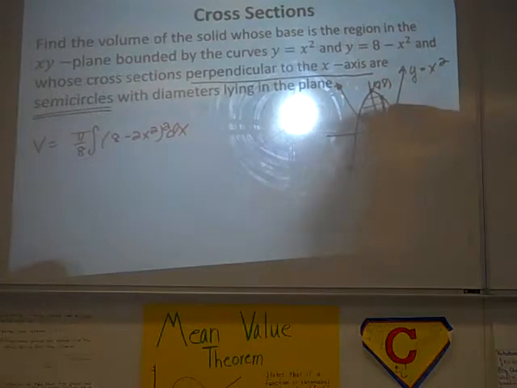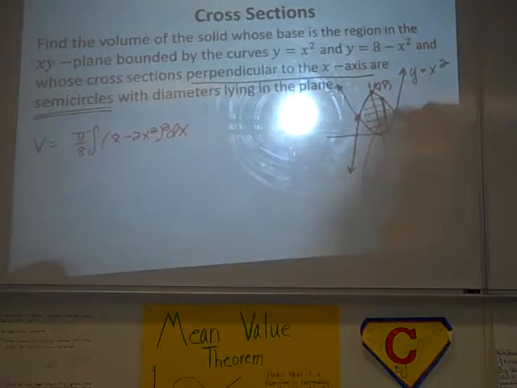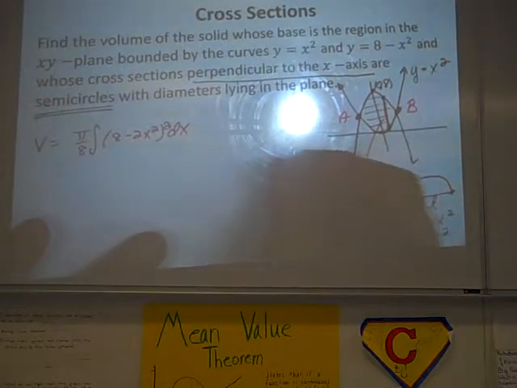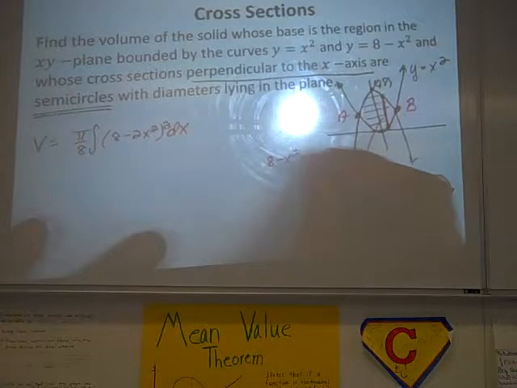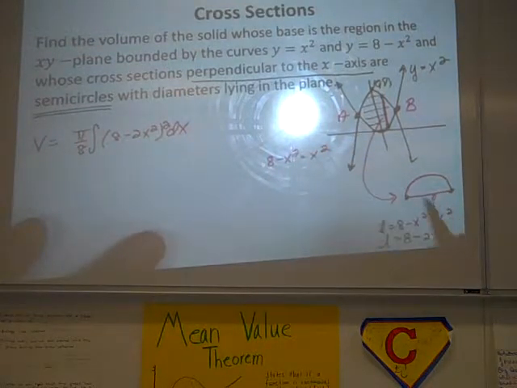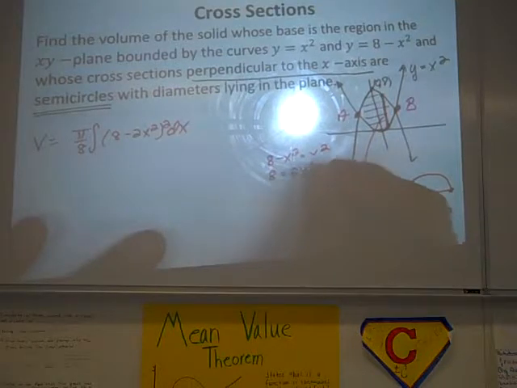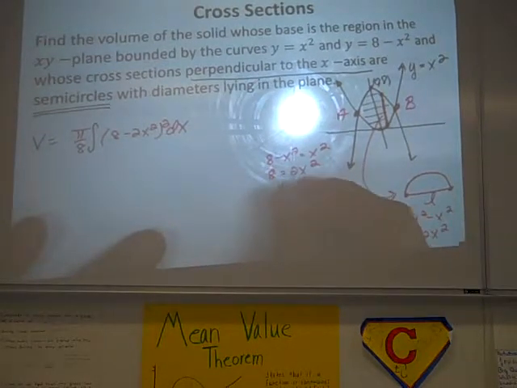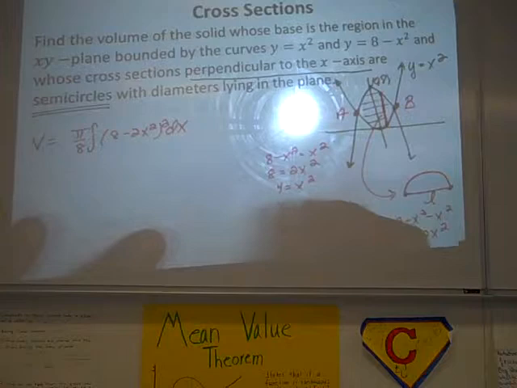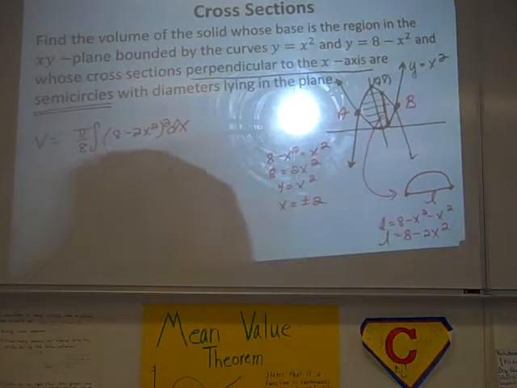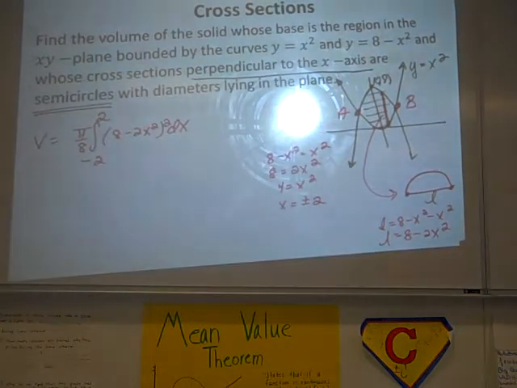We need to find the intersection points, so we set the two equations equal to each other. 8 minus x squared is equal to x squared. We can add x squared to both sides, divide by 2, and take a square root, and I get that x is equal to plus or minus 2. So I'm going to integrate from negative 2 to 2.